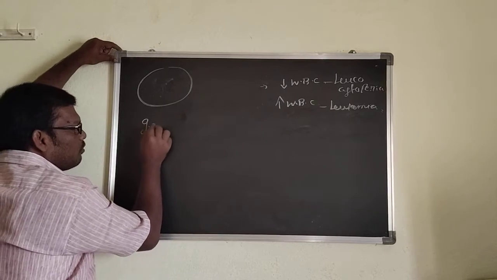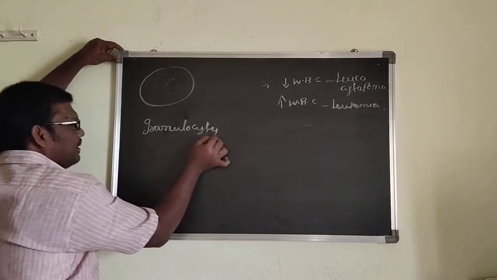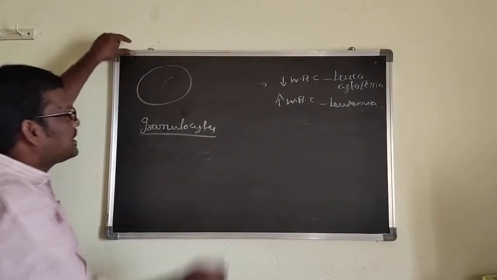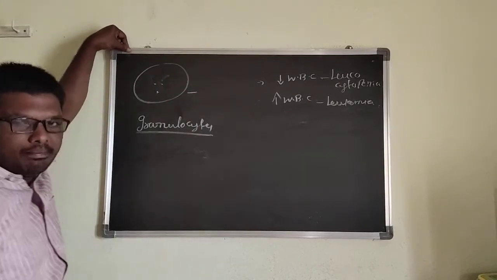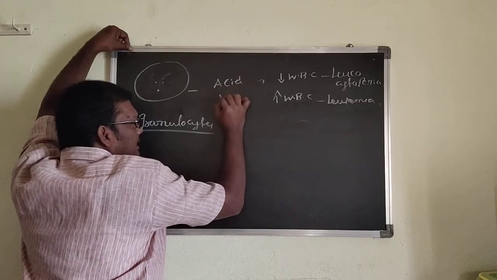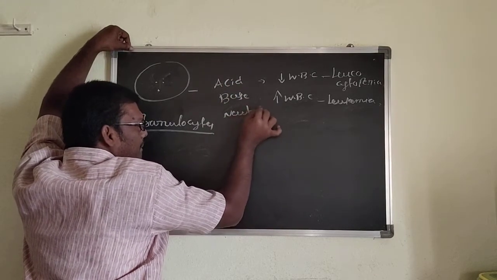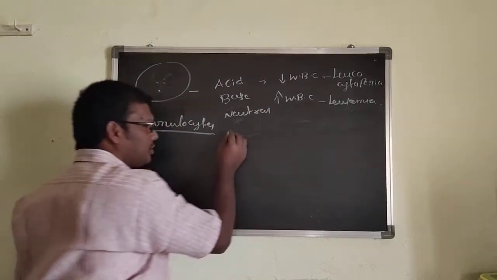Now, based upon the classification, one is granulocytes, another one is agranulocytes. First we can go for the granulocytes. Here, based upon staining, the granules are stained either by acid, by base, or by neutral dyes. Based upon the stains, the granulocytes are divided into three types.